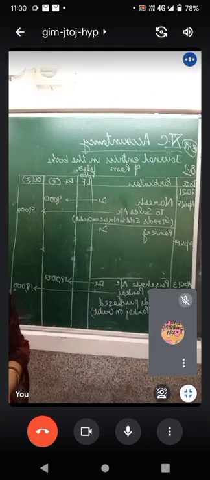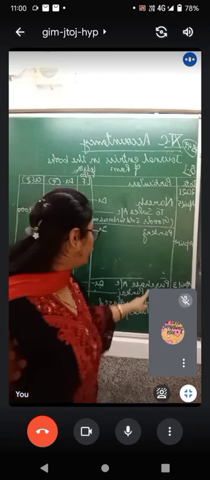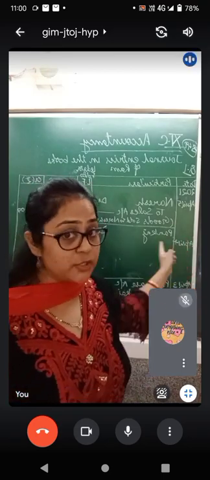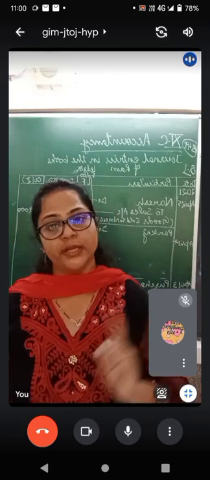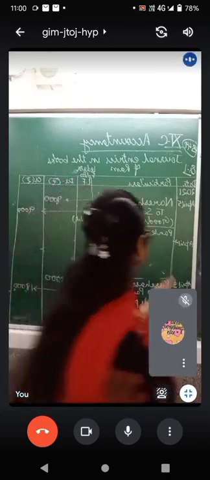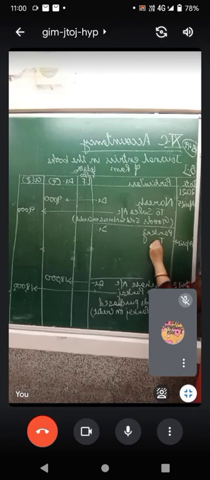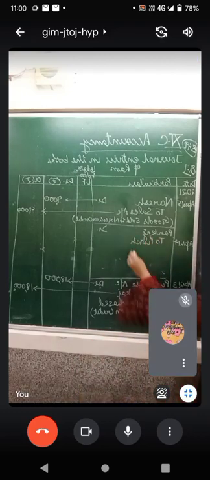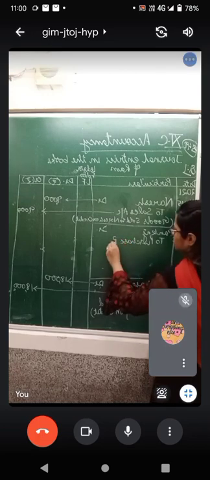And what will be credited? To reduce purchase, you will have to credit the opposite side. Purchase को credit नहीं करेंगे, purchase return account को credit करेंगे. Okay? So Pankaj debit to purchase return. Yes.